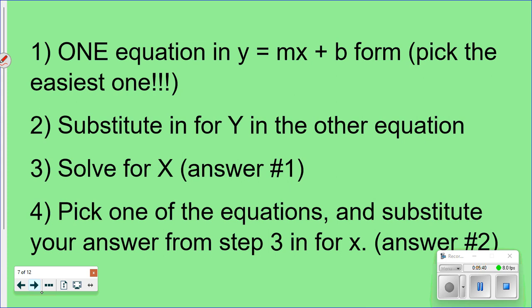Then you're going to take that and substitute it in for y in the other equation. I'm going to show you how this works. Then you're going to solve for x. That's your first answer. Then you're going to pick one of the equations and substitute your answer from step 3 in for x. And you're probably like, I have no idea what you're talking about, but it will make sense in a second, hopefully. So go ahead and get these written down.